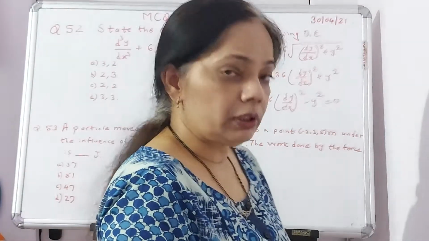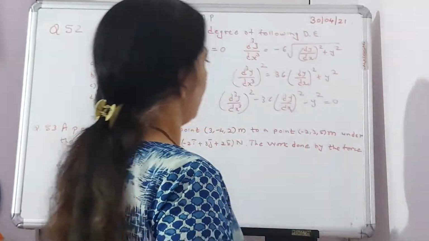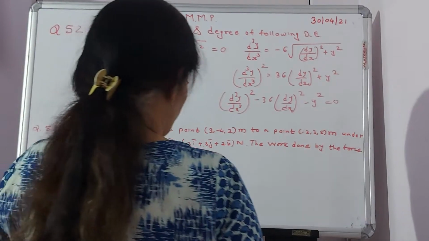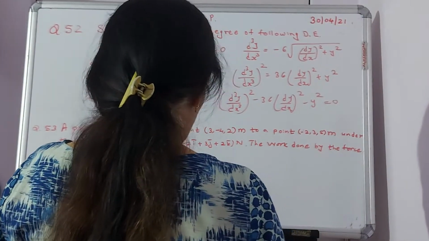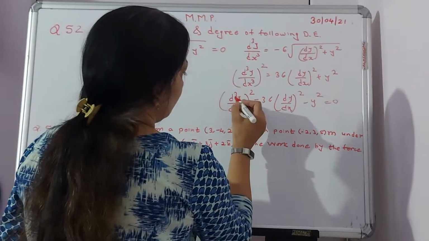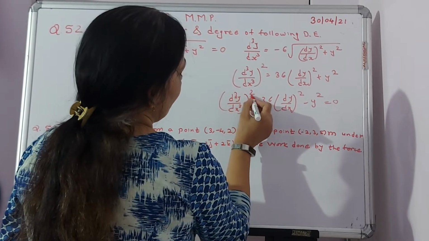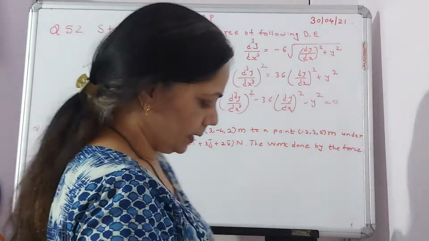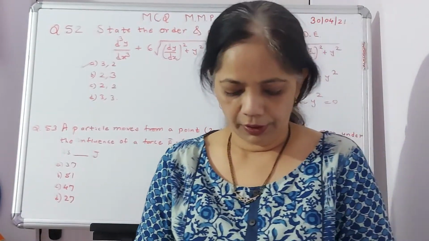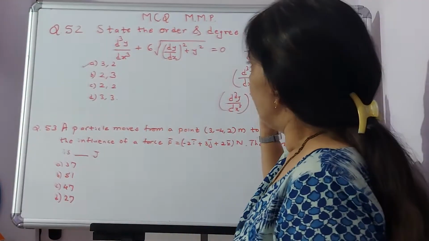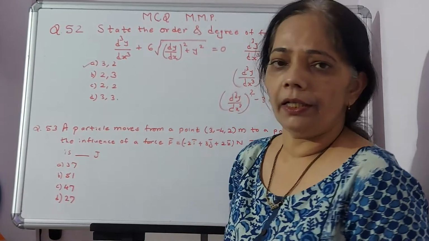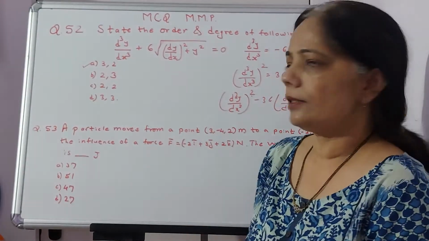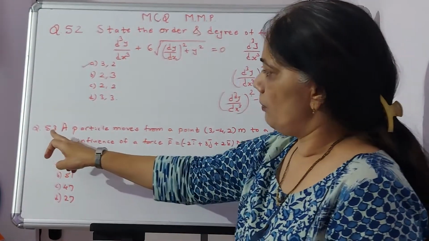Correct. After doing this, our next job is to check the order and degree. So over here, I can say my order is 3 and degree is 2. So 3, 2, answer number A is perfect. So first we cleared the terms, getting rid of the square root sign, and then finally we got the answer. Right. Next question, question number 53.